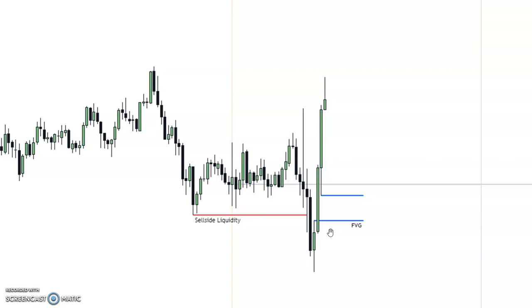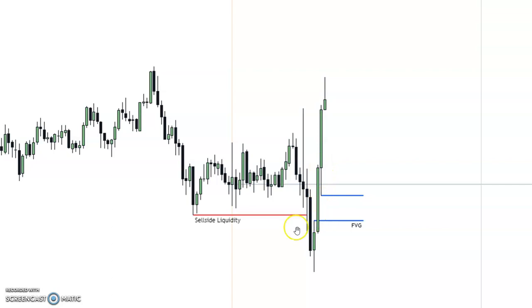ICT says you want to look for those highs or lows to get ran through, and in doing so you want to scale down to your lower time frame and wait for price to take out a high or a low, and within that impulse leg which it took out the high or low, you want to look for a fair value gap.